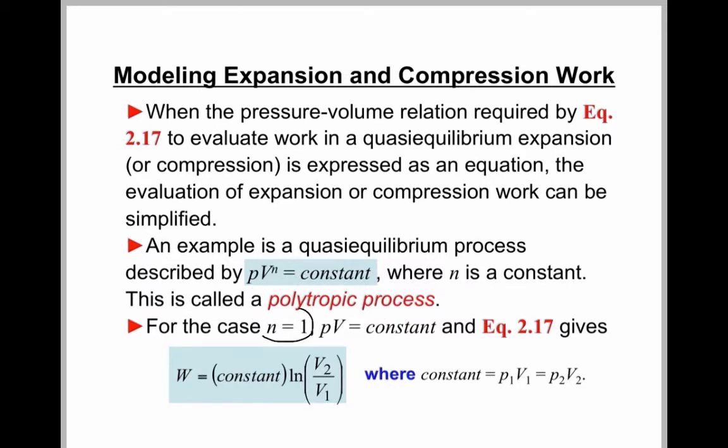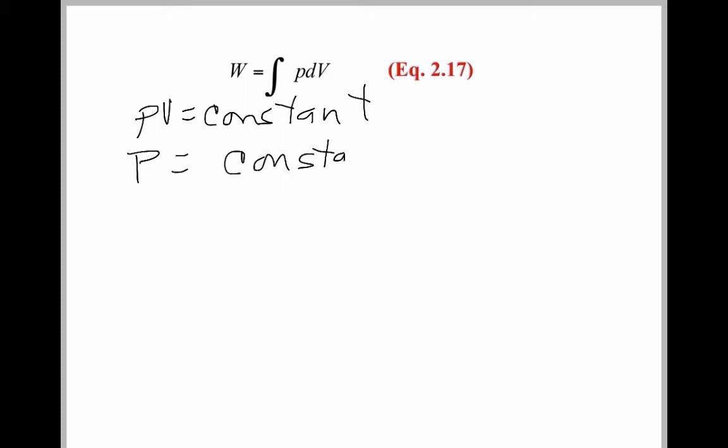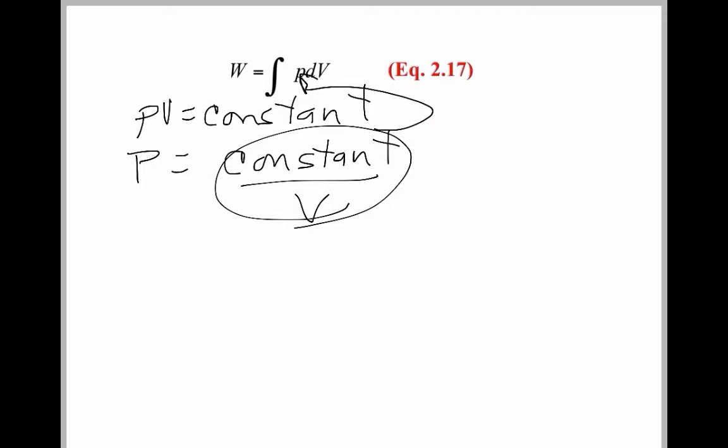When the value of n is equal to unity, then just PV is equal to a constant. I get the following formulation, that the work is equal to some constant times the log of the volume ratio. So how do I get that? This is worth deriving out. What do I know? I know that PV is equal to a constant. And if that's true, then I know that P is equal to the constant divided by V. Therefore, I can substitute this term into our P formulation.